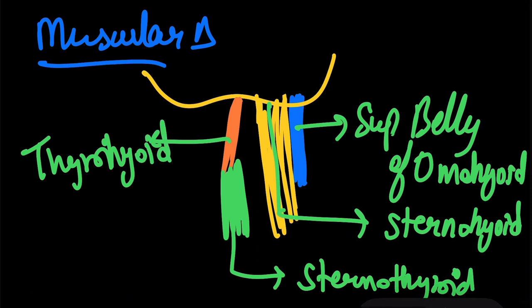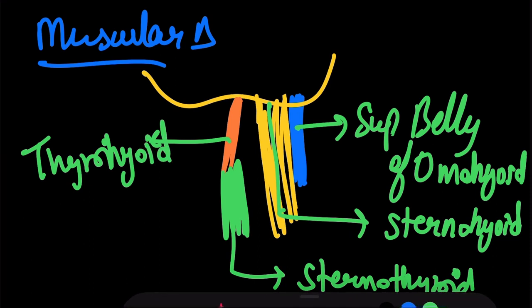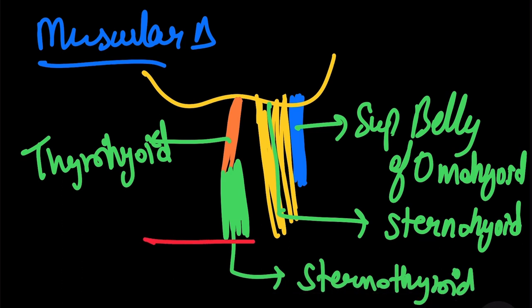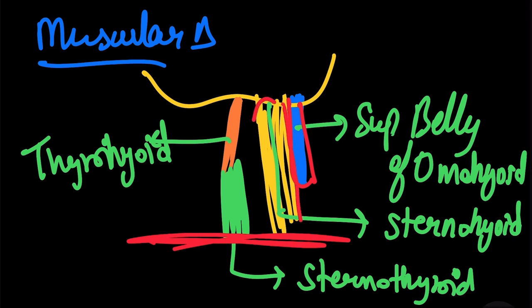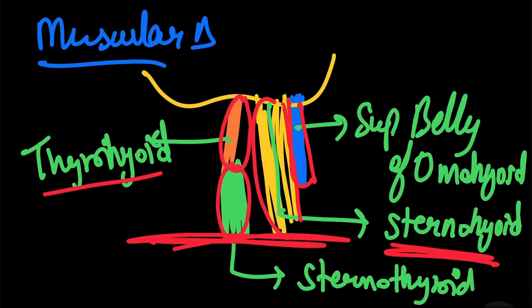So you can make the diagram like this also. It makes your learning easy. Next to the superior belly is a Sternohyoid. Then we have this, that is Thyrohyoid and Sternothyroid. Just an easy way to remember.